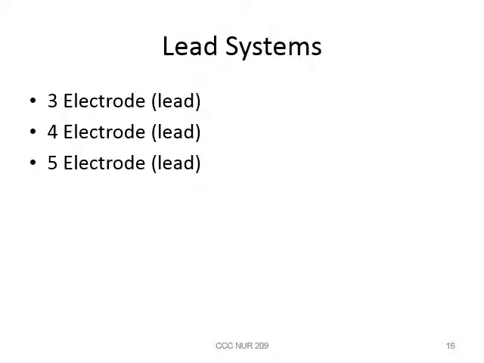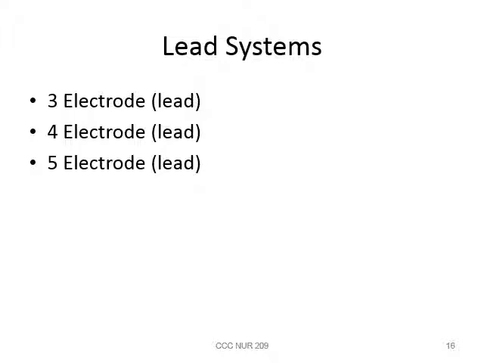Lead systems, there are several different types of lead systems out there. Most of the time you're going to run into 3 electrode, 4 electrode, and 5 electrode leads. Now, the term leads can be misleading because we talk about a 12 lead EKG.